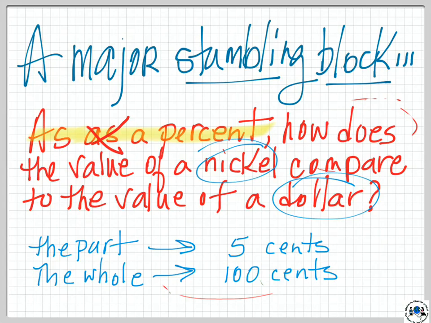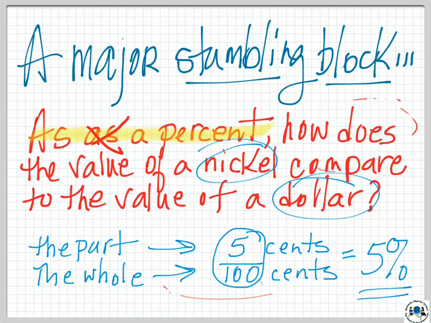The only thing left is the percent, and in this case 5/100ths, or 5 out of 100, or 5 per 100, is also known as 5%, and that's how we write 5%. We could also write 5/100ths as a decimal, which is 0.05. All three of those are equal.